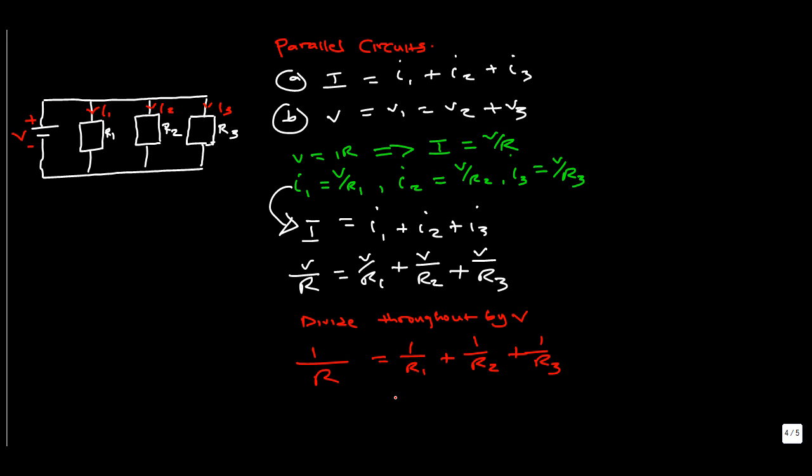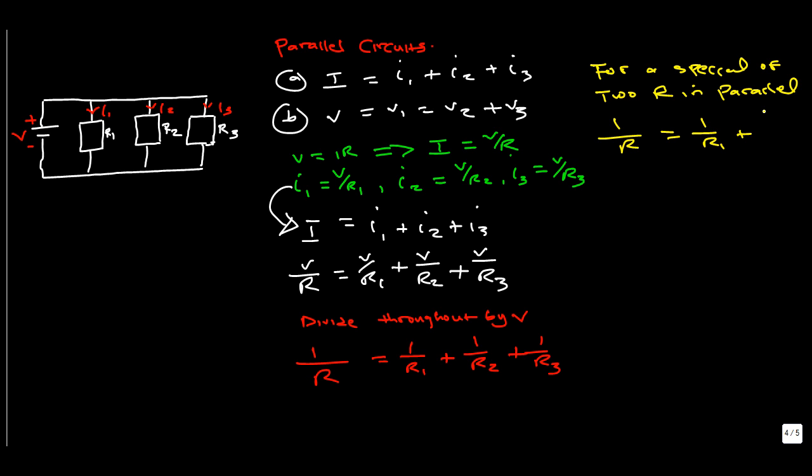For the special case of two resistors in parallel, what we have is 1 over R is equal to 1 over R1 plus 1 over R2.